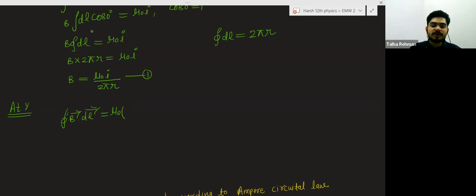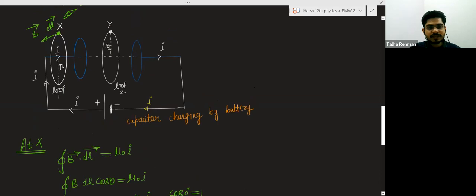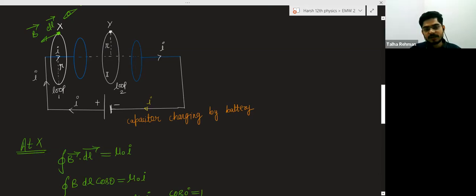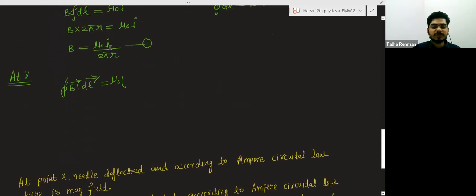Now can you tell me what is the current enclosed by this loop? Is there any current enclosed? No, zero, which means the current enclosed by the loop is equal to 0, and you will find that the magnetic field is equal to 0 at point Y.